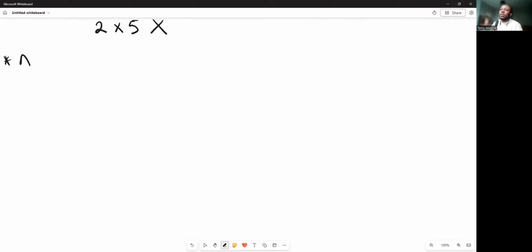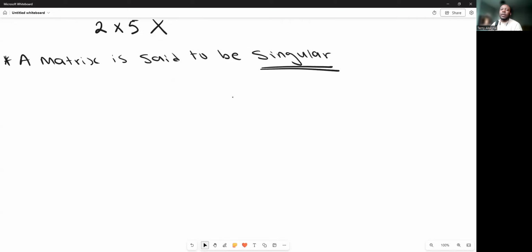So a matrix is said to be singular if the determinant is 0. So when you solve a particular matrix and your answer is 0 when you find the determinant, then that matrix is said to be singular.